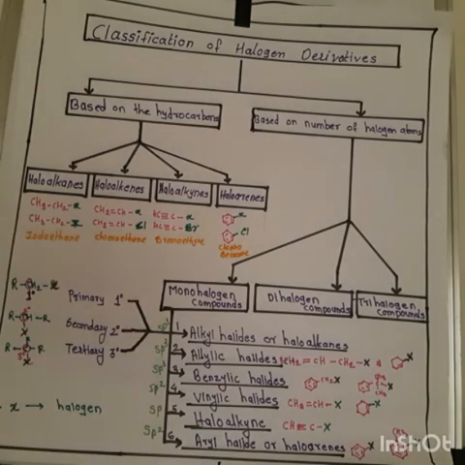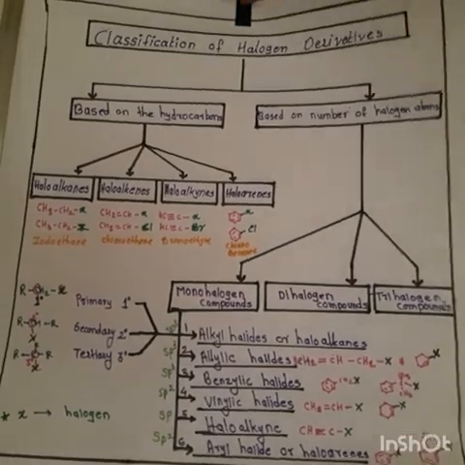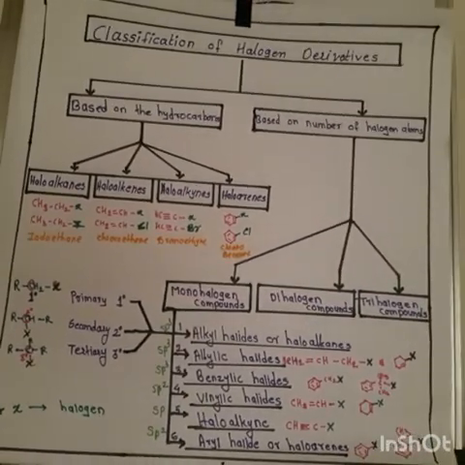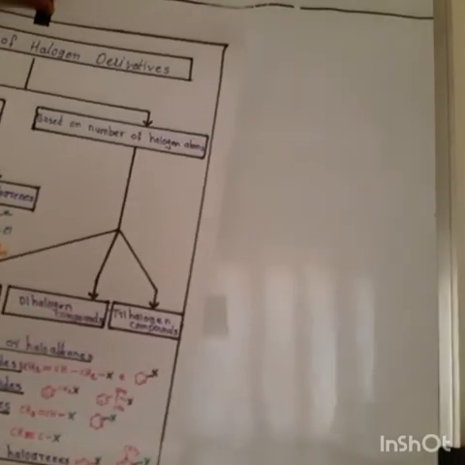The hybridization we have already studied in 11th standard. I will remove this chart now. You should prepare your charts and study well. So I will stick it here only.